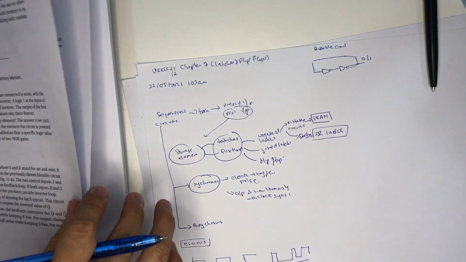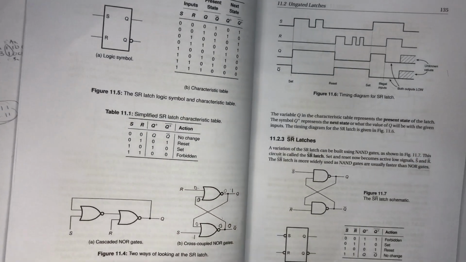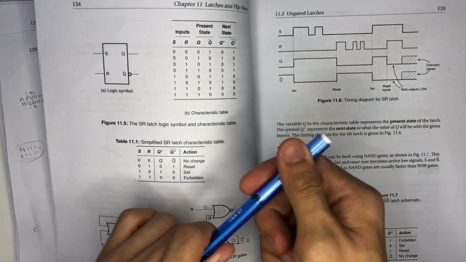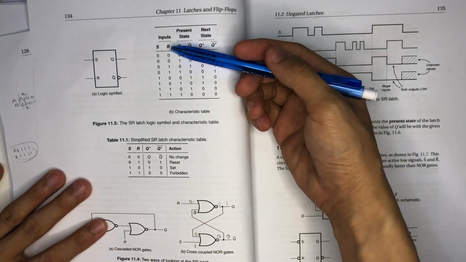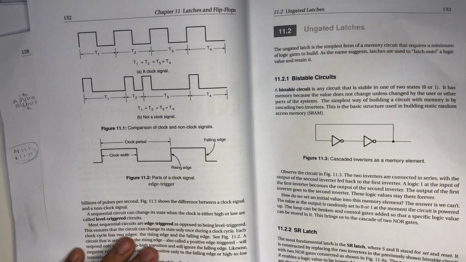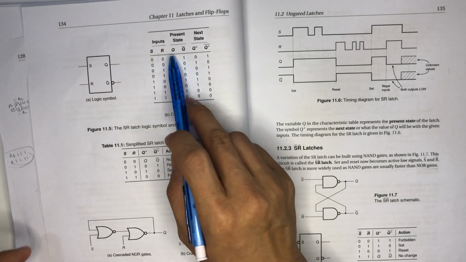So the SR latch, let's say the circuit, you can see this is the logic symbol. This is your inputs, which are S and R. S means set and R means reset.